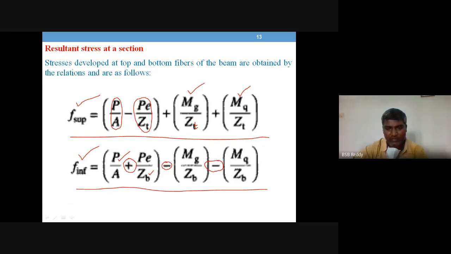Due to dead load and live load, the bottom fibers will be under tension, so it is a negative sign, and due to prestress the bottom fibers will be under compression, that's why it is plus, and direct stress is positive everywhere. This is how the final expressions come, and in this session we will see how to use these expressions in an example problem.